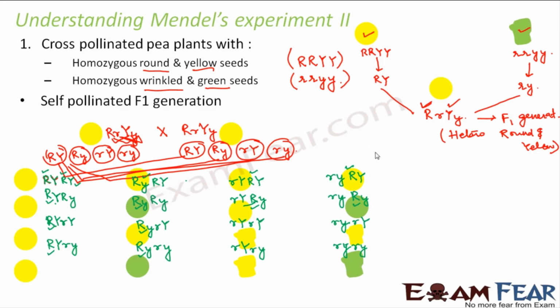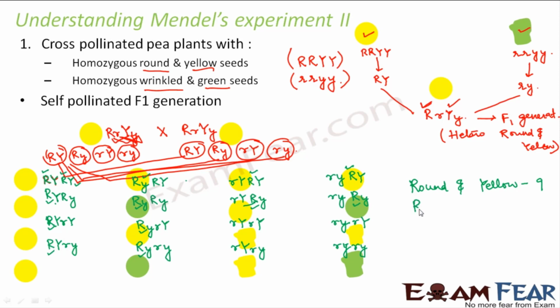So what was the result? So the final result was that if there are a total of 16 plants which were the result, then out of that there were 9 plants which were round and yellow. 9 plants, right?